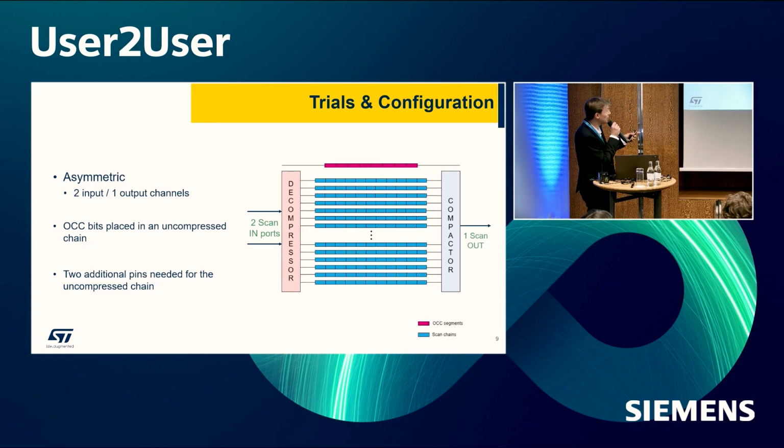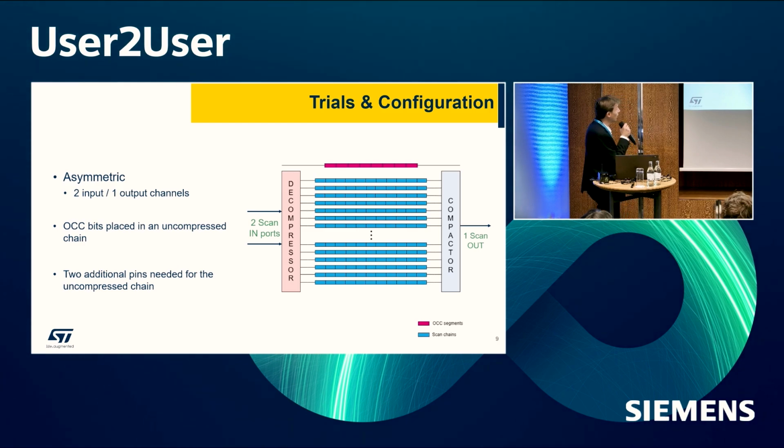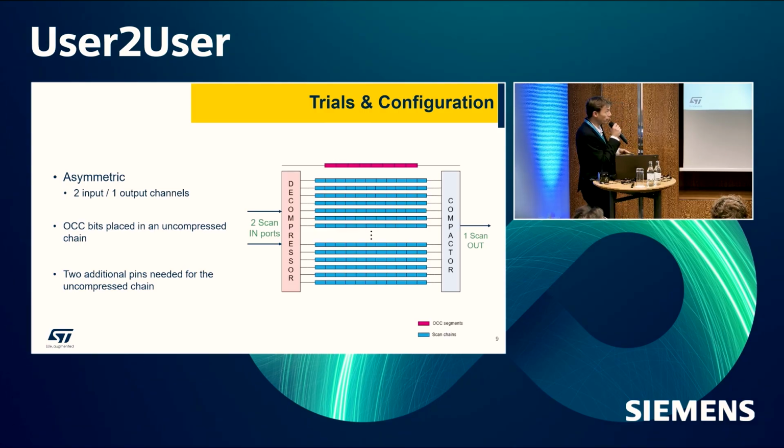So basically, in addition to playing with the EDT channel in, channel out, they also wanted to investigate the placement of OCC care bits. They started from this asymmetric implementation that was better, and they first moved the OCC care bits into a non-compressed scan chain, so really outside the compression decompression logic.